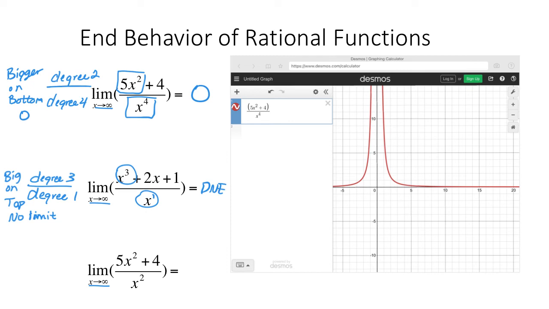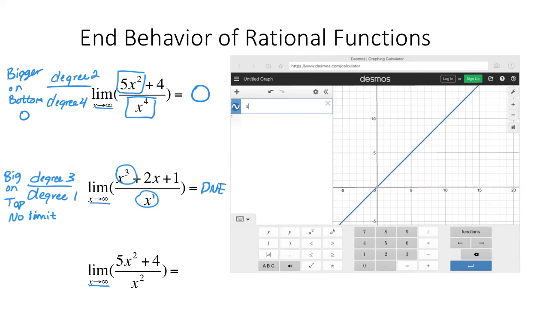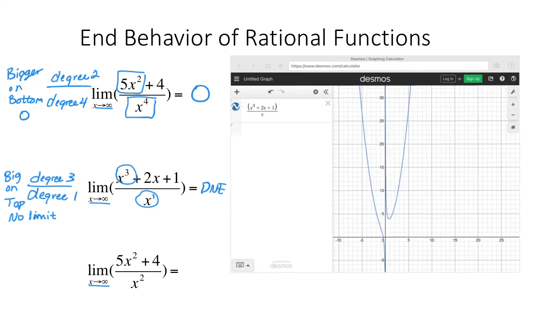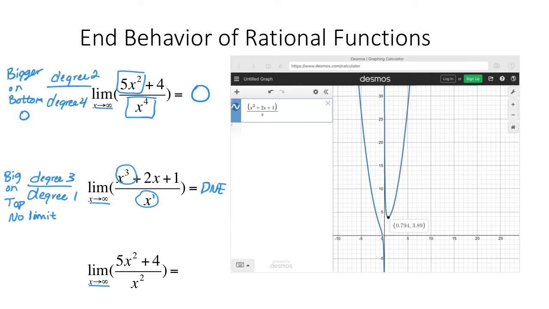Just to show you this graph, as x is approaching infinity here, you can see that this graph is increasing. So as x gets larger, the y values are going to infinity, meaning there is no limit. So when it's bigger on top, there is no limit. And the last case is when the degrees are the same.